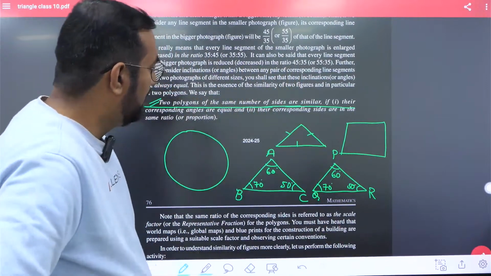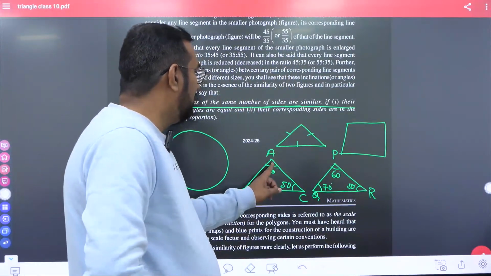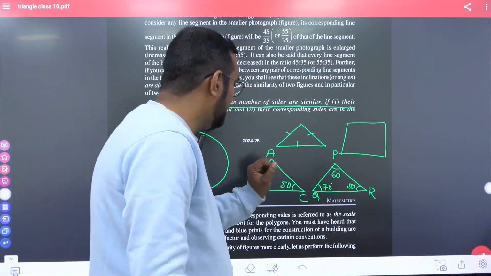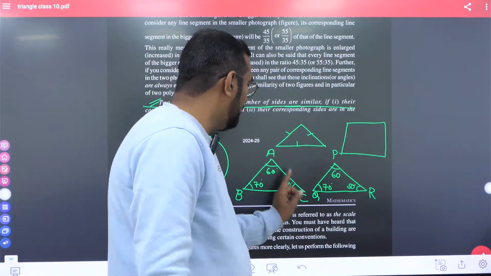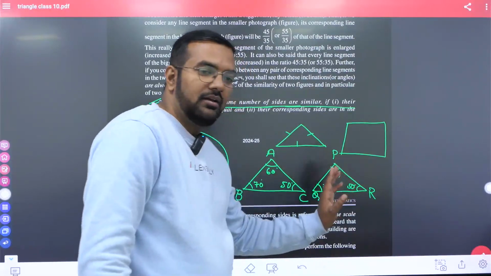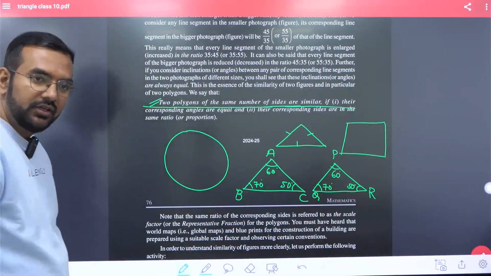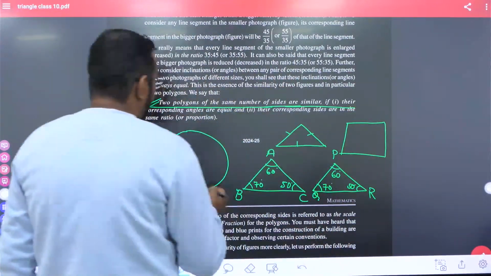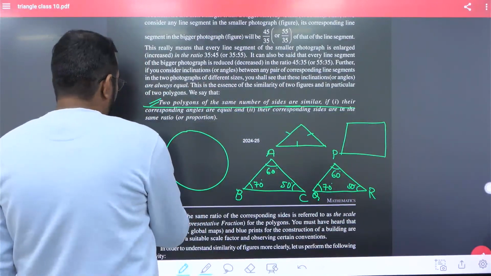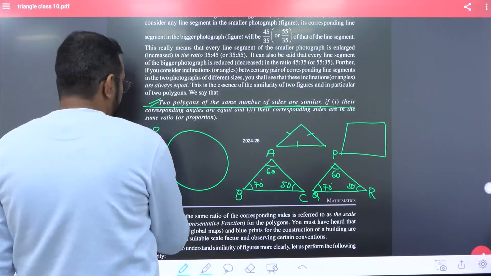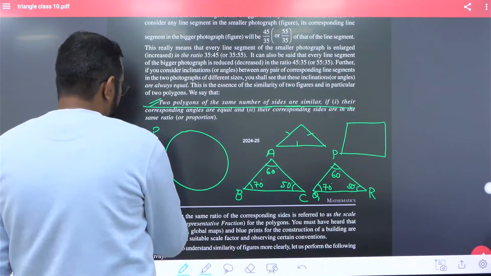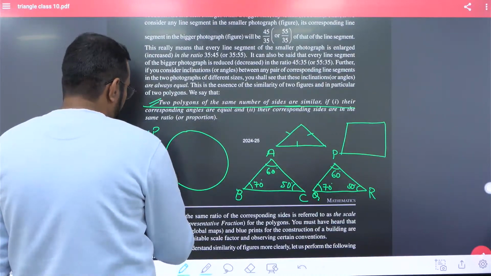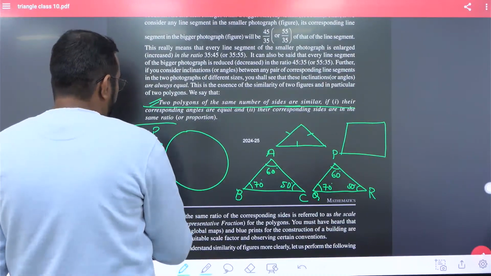The corresponding angle of angle A is angle P, of angle B is angle Q, and of angle C is angle R. So angle A equals angle P, angle B equals angle Q, and angle C equals angle R.